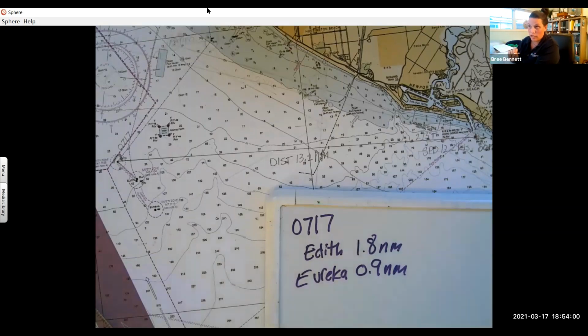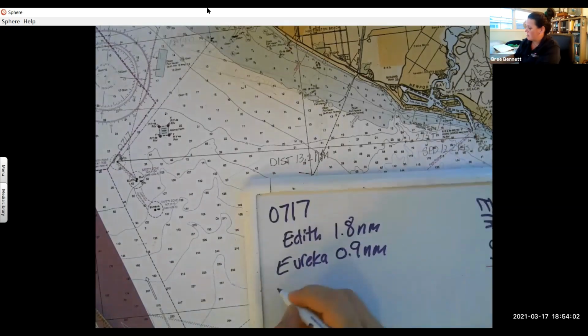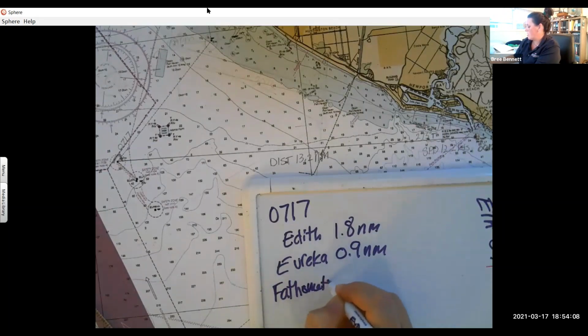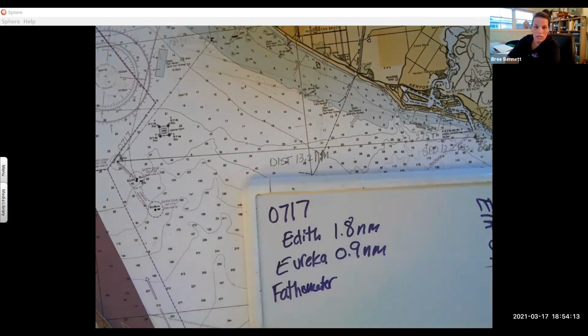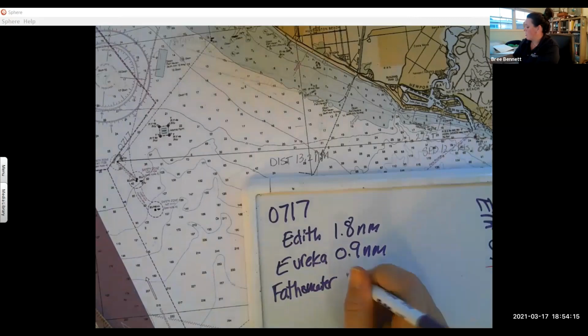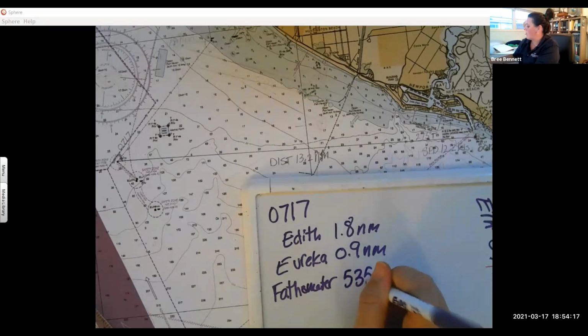And then I'm also adding in here your fathometer reads 535 feet.